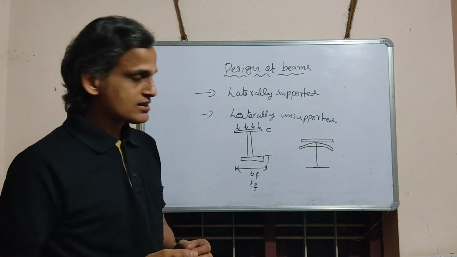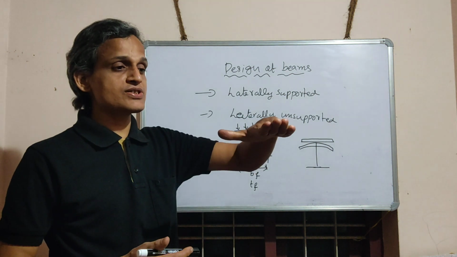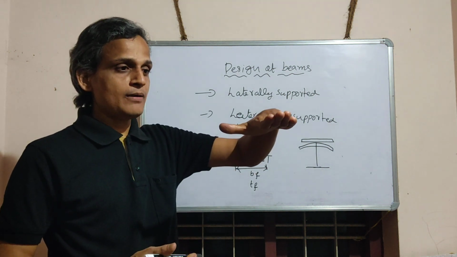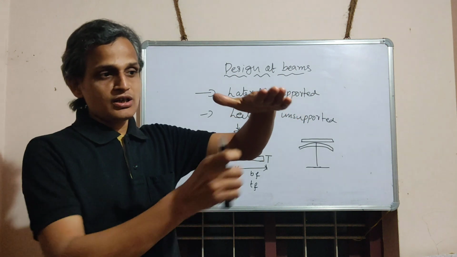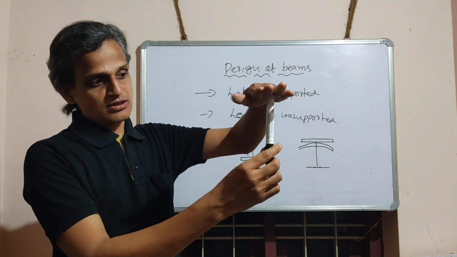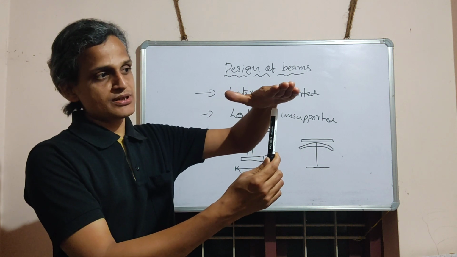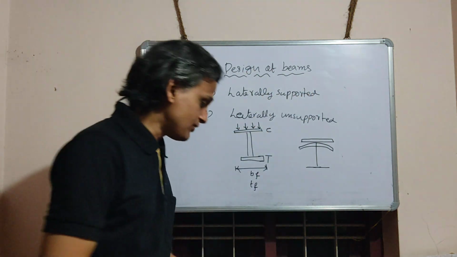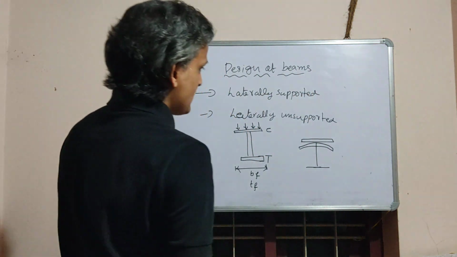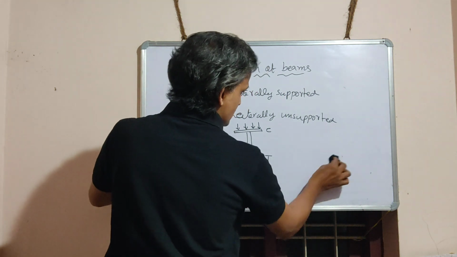This much buckling is practically not possible, but in order to understand the concept, I am exaggerating the drawing. See, this is buckling. It is one possible option. Apart from this, it can buckle the other way. The web is like this, and the compression flange is twisting. That phenomenon is termed lateral torsional buckling.